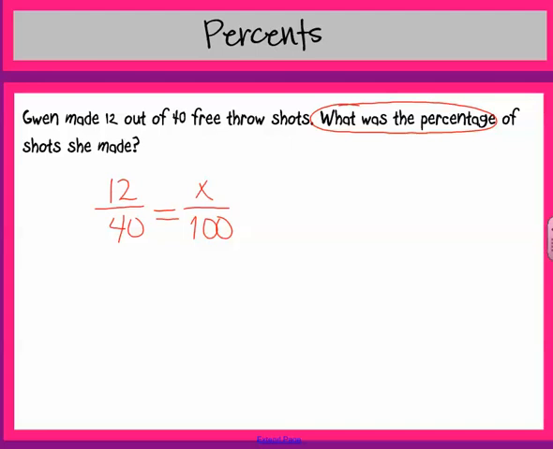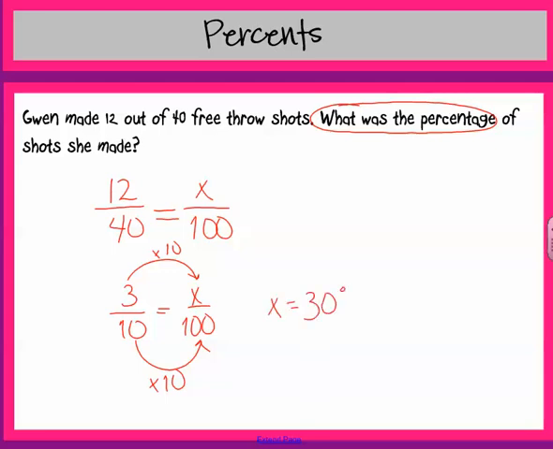So we can do a little simplifying, and we can simplify that to 3/10. We use a factor of 4. And we know that, again, to get from 10 to 100, we'd multiply by 10. So we'll do the same thing up here. So we know that Gwen made 30% of her free throws.